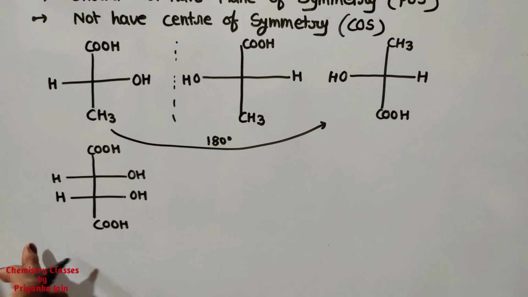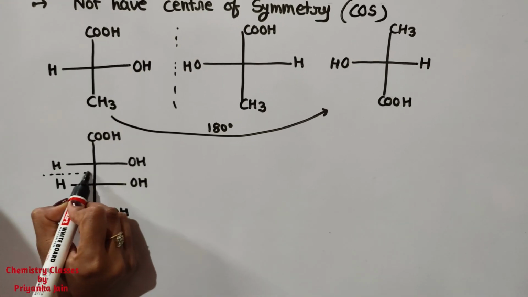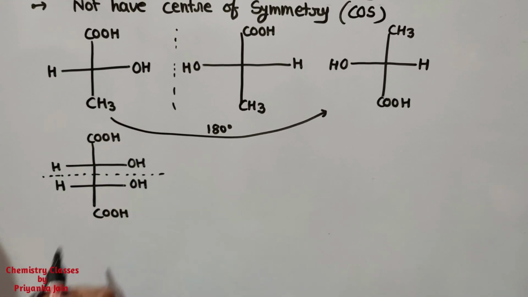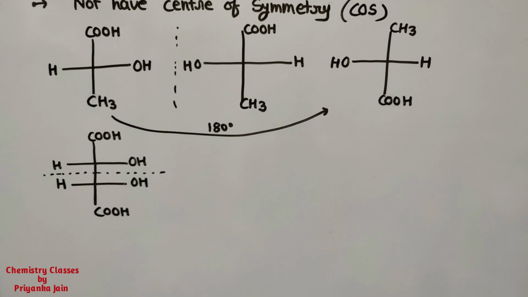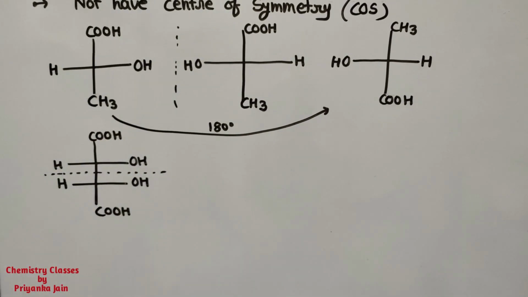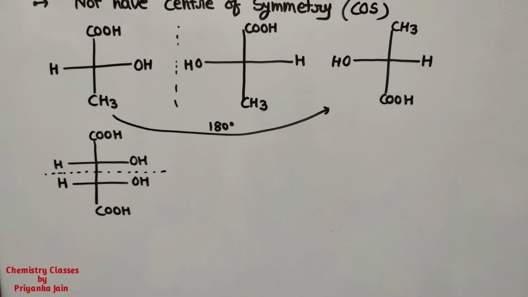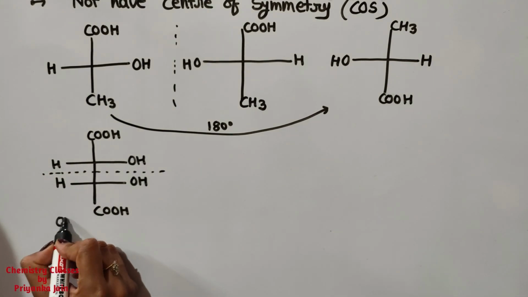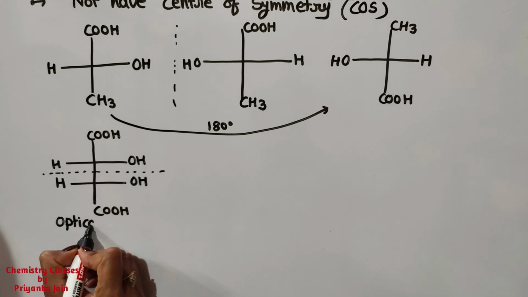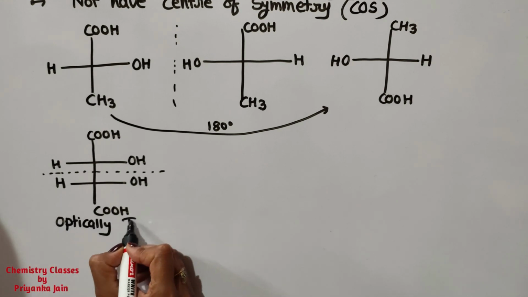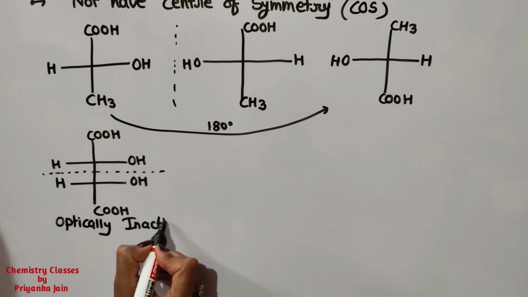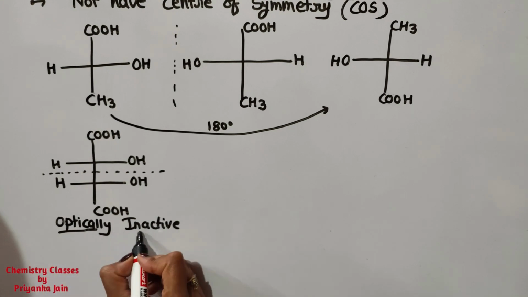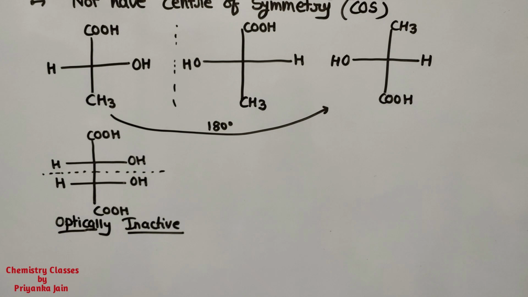You can see in this molecule there is a plane of symmetry in this manner. This is the plane of symmetry, by which we can bisect this molecule, right. Here is a plane of symmetry, so this molecule is optically inactive. This is an optically inactive molecule, right. So it will not have enantiomers, right.